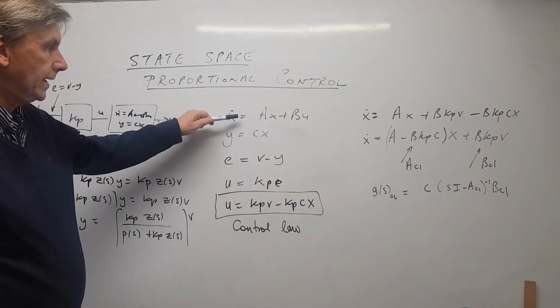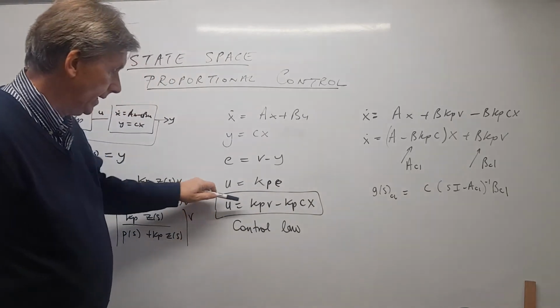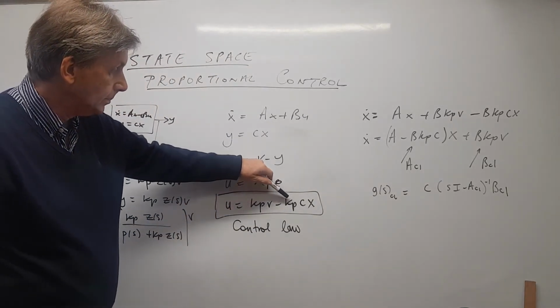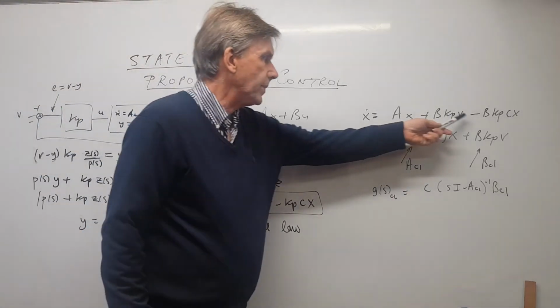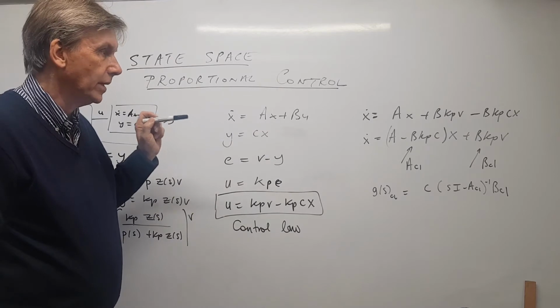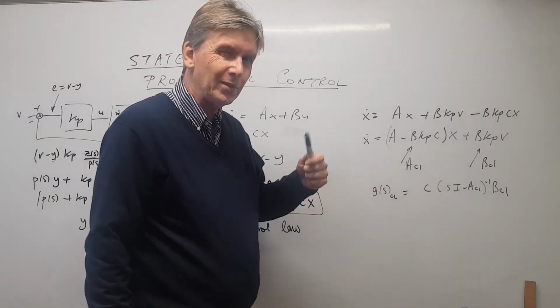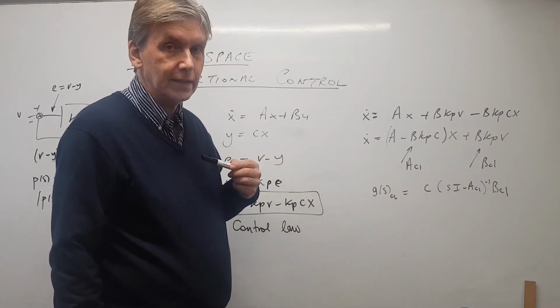We can now put this U value into here. So that will give us X dot is AX plus BU, so BKPV minus BKPCX. Now, one thing to bear in mind when we're in the matrix domain is that the order is important. Like 1 times 2 times 3 is the same as 3 times 2 times 1, but in matrices it's not.